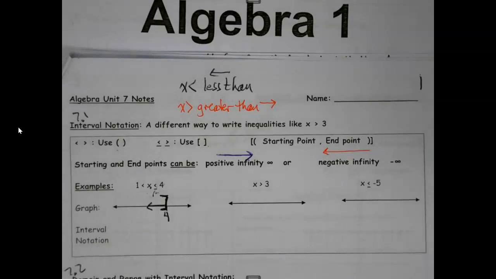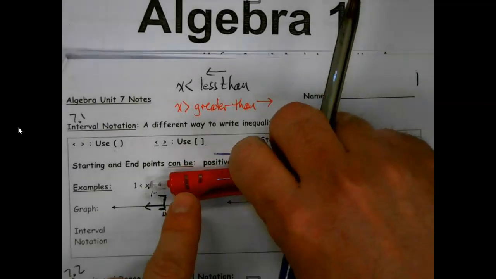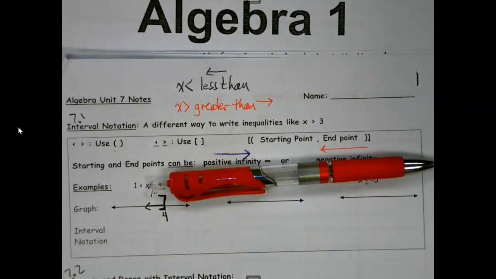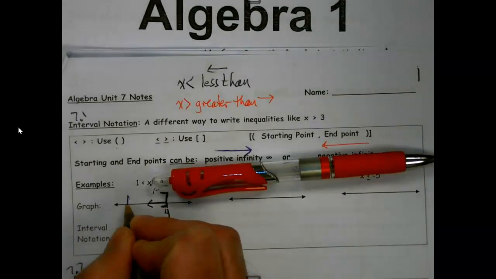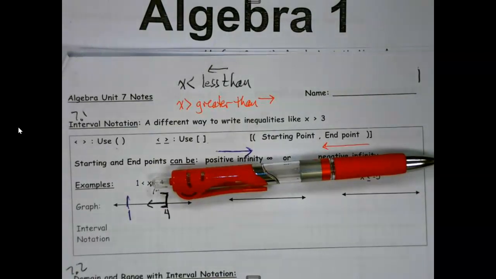And so when I go to do the other one, and I cover up that piece, I got to be careful that I don't arrow follow here. Because I'm like, oh, so I start at 1, and I'm just going to go to the left.